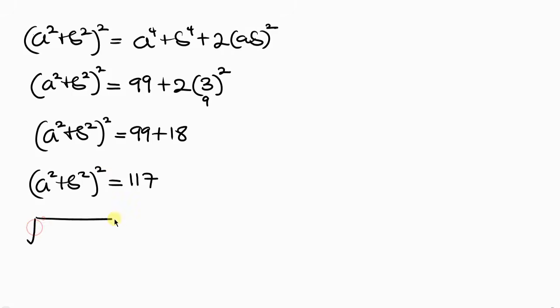So I'll take the square root of a squared plus b squared, all raised to the power of 2. Now plus or minus, I'll take the square root of 117.